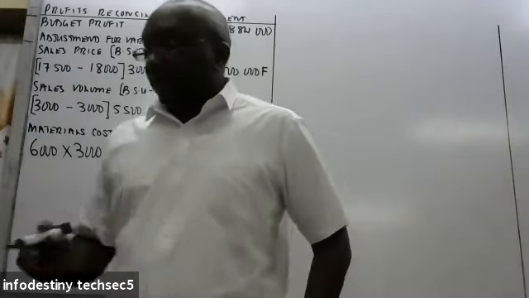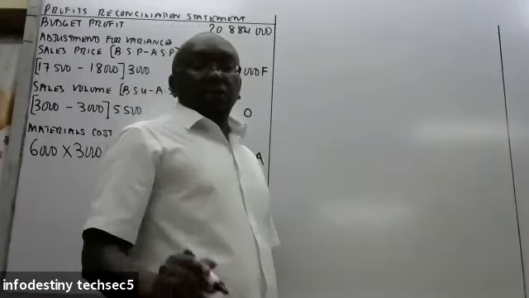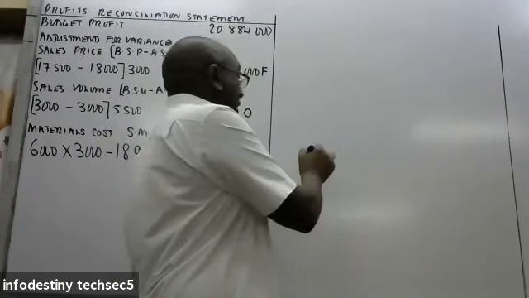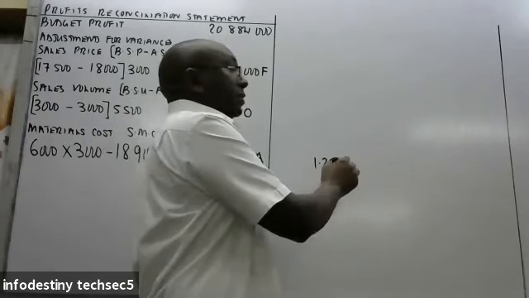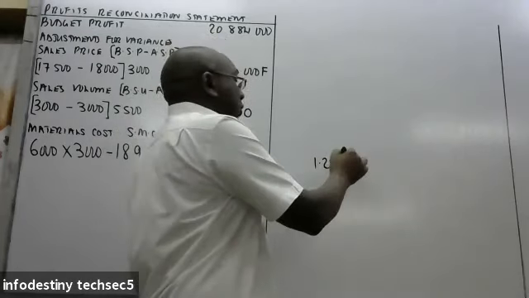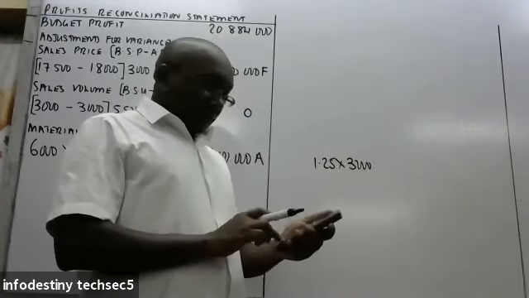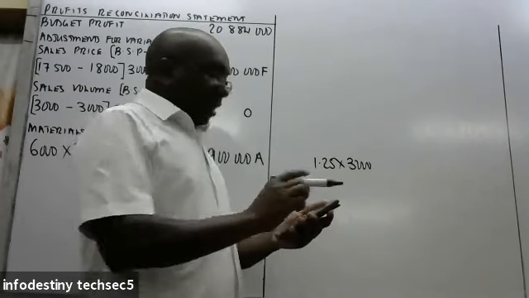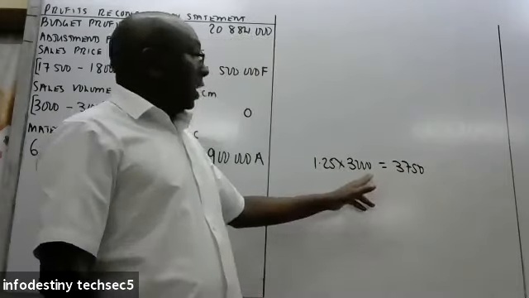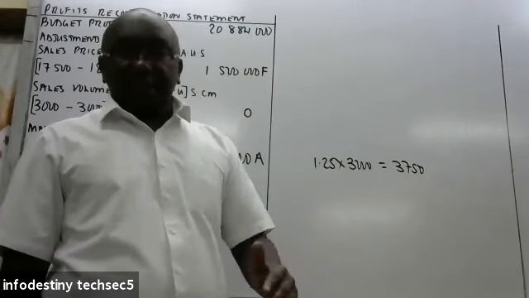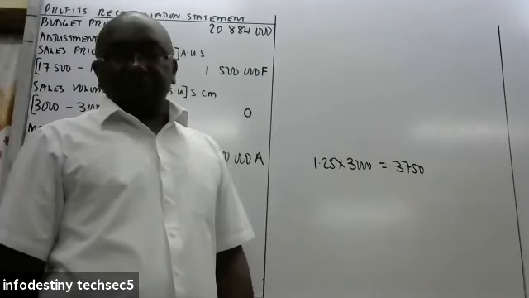If you remember, what we normally do when it comes to hours is take the hours per unit in the budget, like 1.25, then multiply by the actual units, 3,000. 1.25 times 3,000, we were supposed to record 3,750. This is based on the assumption of linearity, that the number of hours taken depends on the number of units produced.